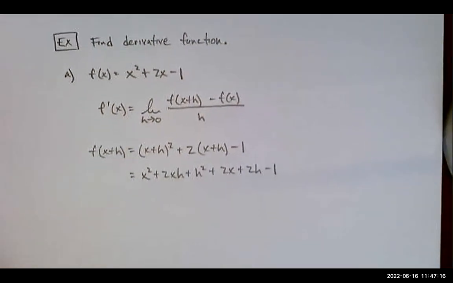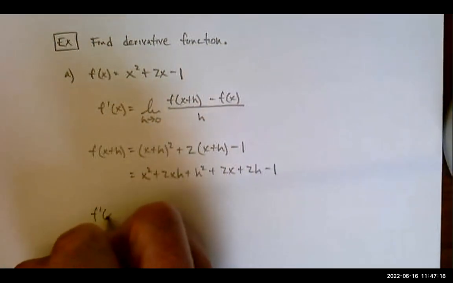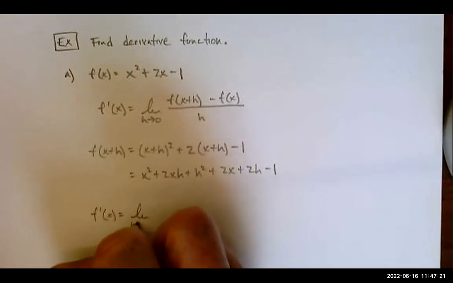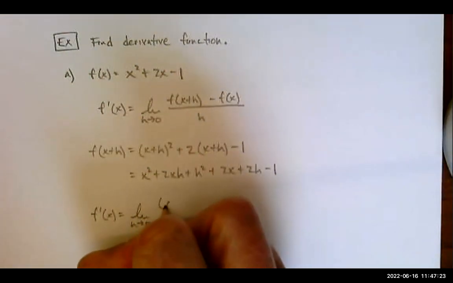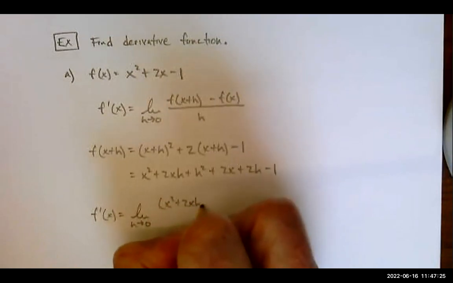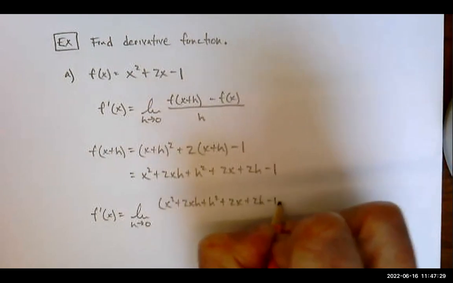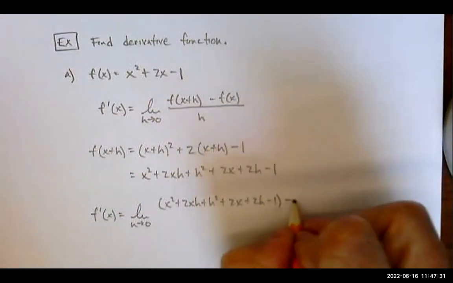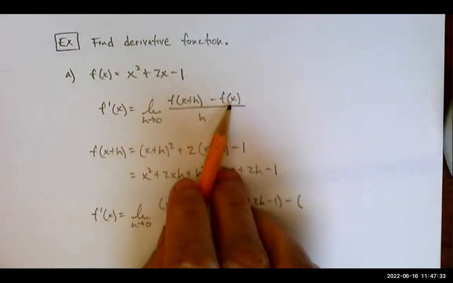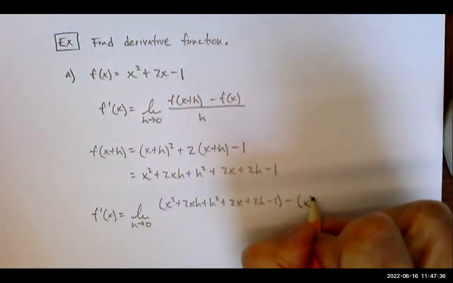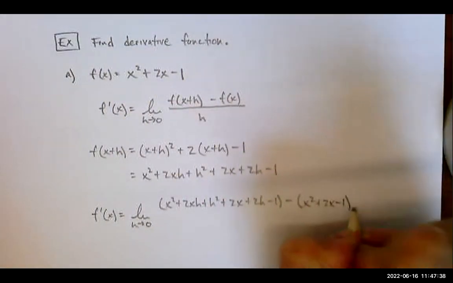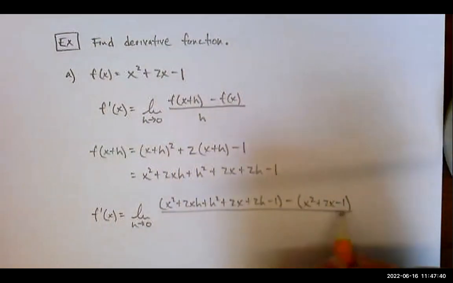Okay, so that whole thing is going to go in. Limit as h approaches 0, x squared plus 2xh plus h squared plus 2x plus 2h minus 1 minus, we're going to subtract the original function. And it's all over h.